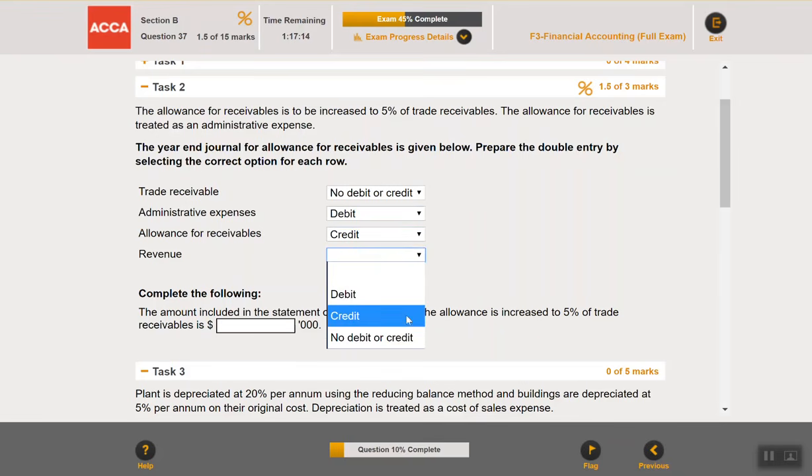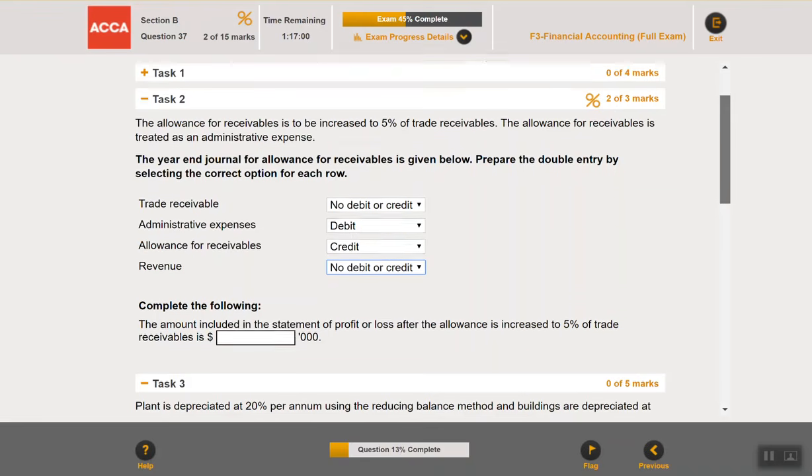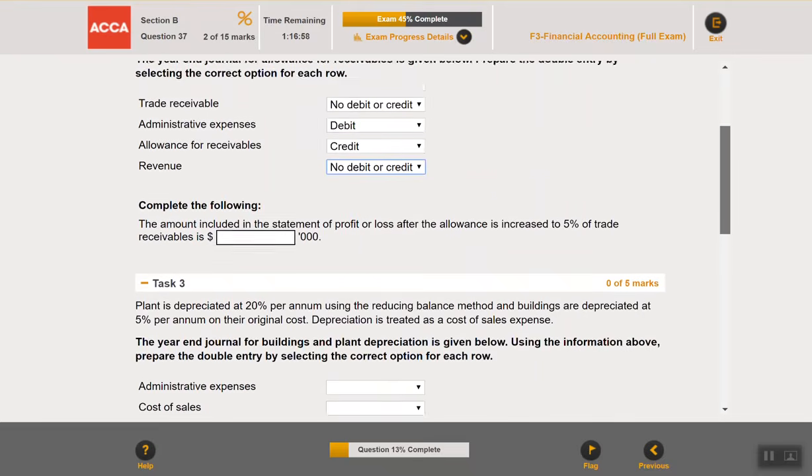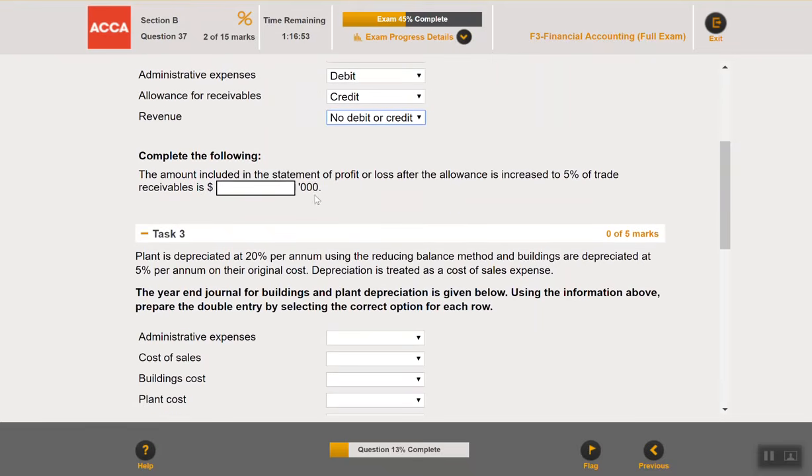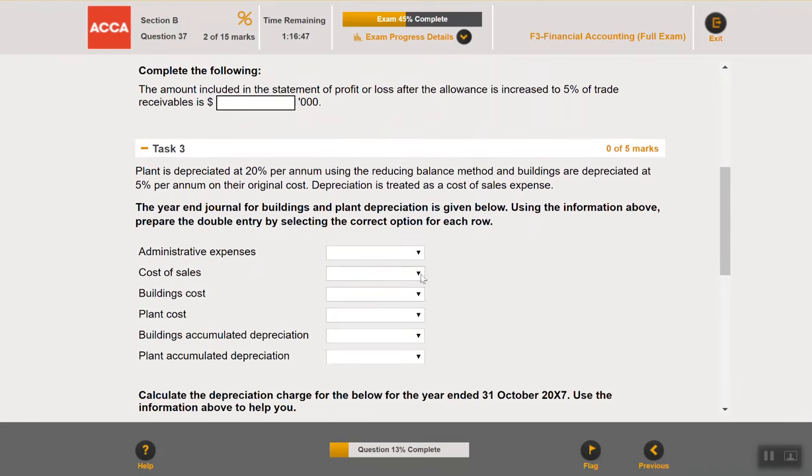And revenue, no effect. Remember, bad debts is an expense. It doesn't have any effect on revenue. So we have taken 2 marks out of 3, without looking at the background information. So I will keep it open because this below part is numbers, figures, so it seems specific. I want to do that next after I'm done with these general questions.